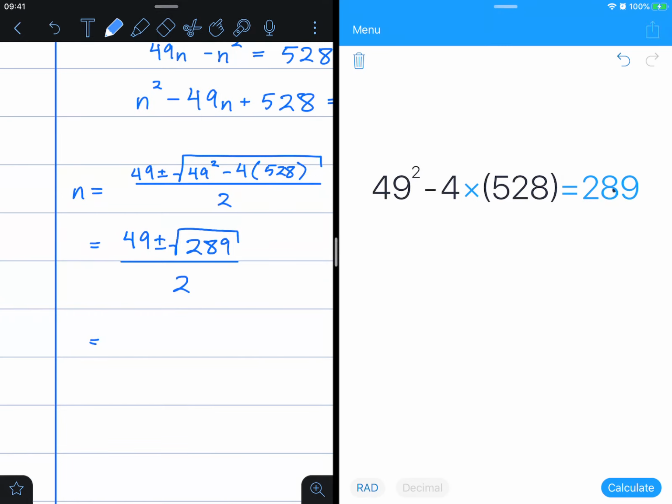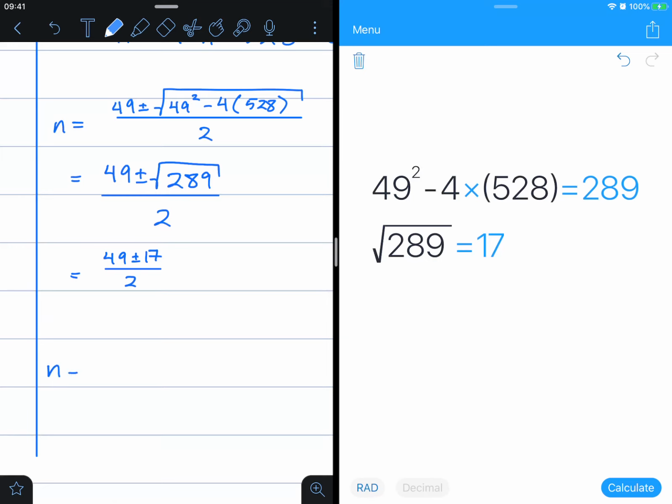Let's take the square root of 289. So we're left with 49 plus minus 17 all over 2. Actually let's take the negative first. So let's go in order here.